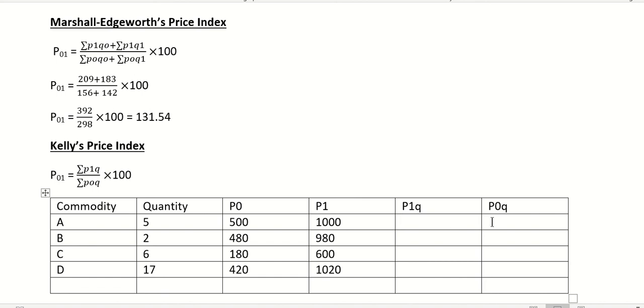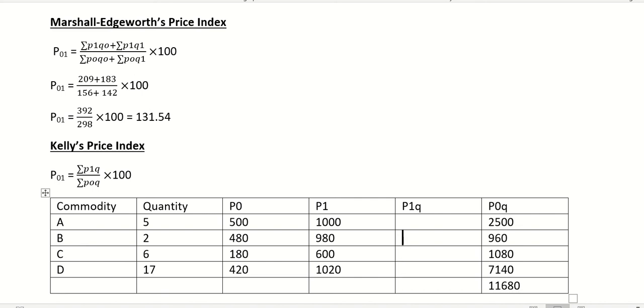So P0Q is 2500. Then we have 960, yeah? 960. Then we have 1080. And then we have 7140, right? And its summation is 11680.